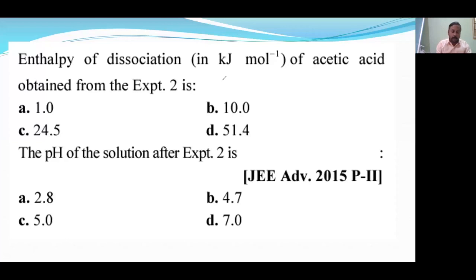If you calculate, the enthalpy of neutralization you will get is 5600 only. But it should be 5700. Then only 0.1 will be there. How much will be less? Only 0.1, so 1 kilojoule. 1 kilojoule is only left over.